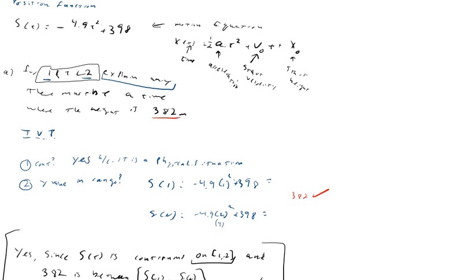398, not 89. 98 minus 4.9 is 393.1, and the other one is 378.4. No one saw?